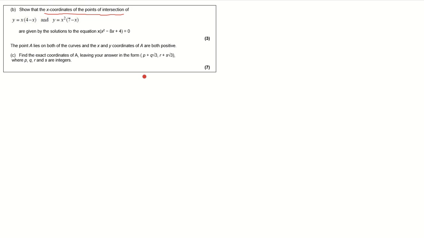Okay, points of intersection. The next thing you have to do is equate them. Let's equate 7x squared minus x cubed equals 4x minus x squared. So if I bring that over, that's x cubed minus x squared minus 7x squared plus 4x, and this is equal to 0.